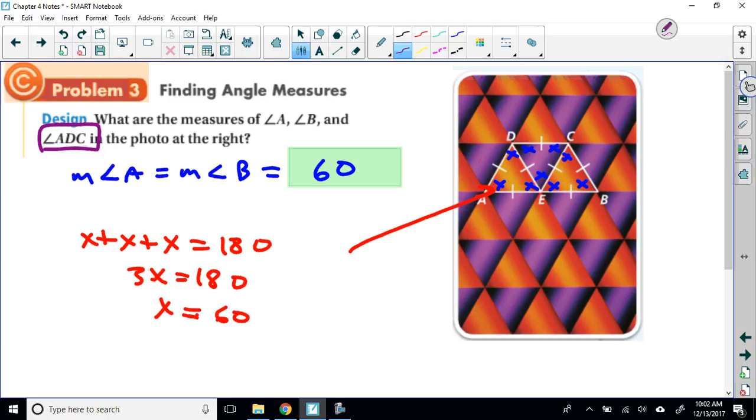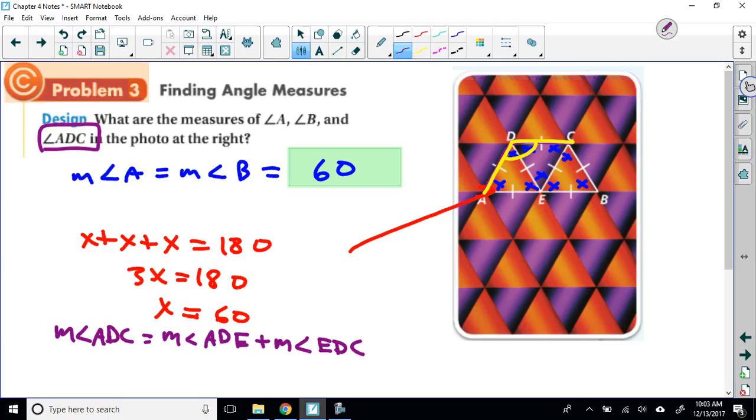So then we're asked about this angle ADC. Angle ADC is this larger angle. It's kind of hard to see on the drawing. I'll use my yellow highlighter. It's this larger angle here, which is comprised of two x's. So you could use that reasoning to find that, or you could say that the measure of angle ADC is the measure of two smaller angles. We could say it's the measure of angle ADE plus the measure of angle EDC.